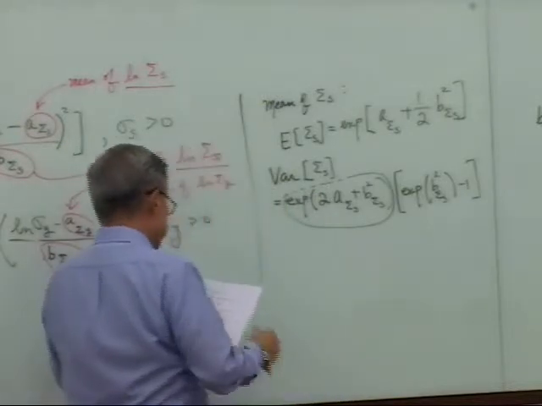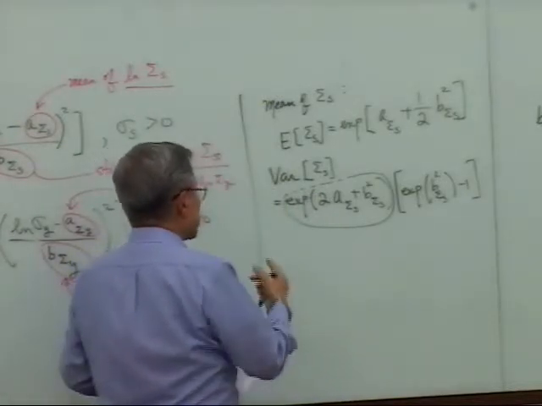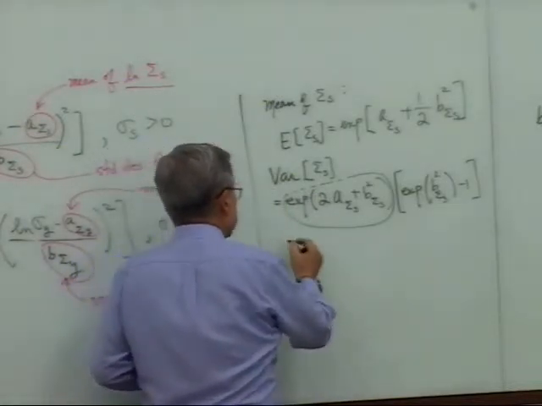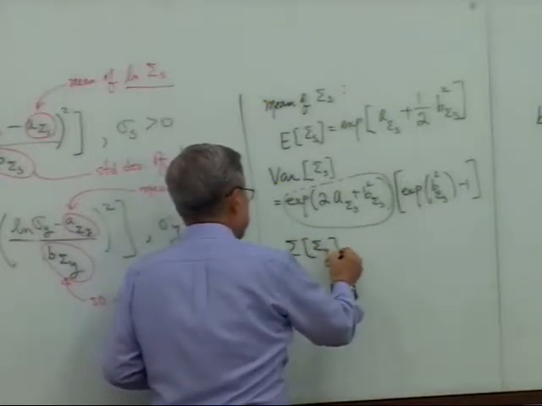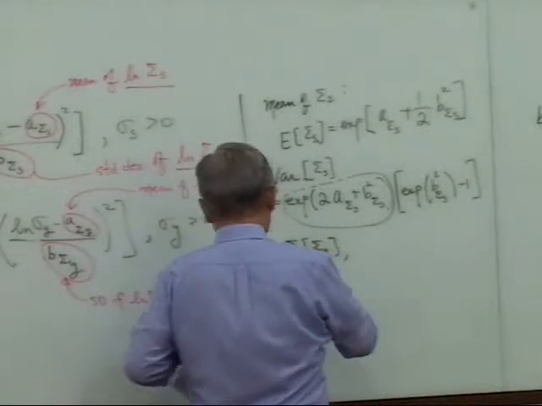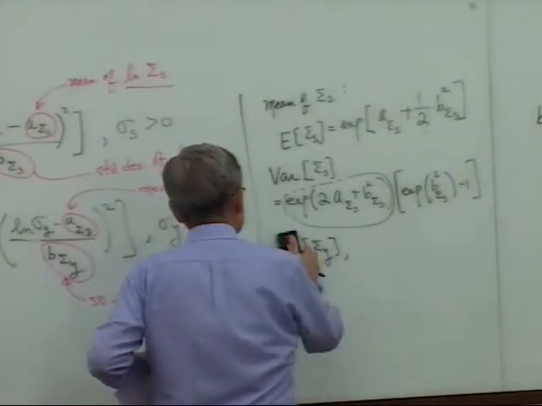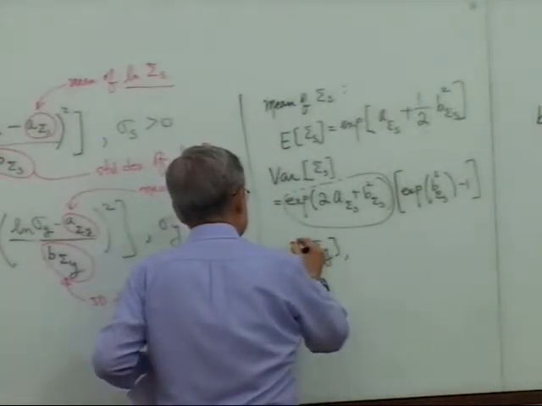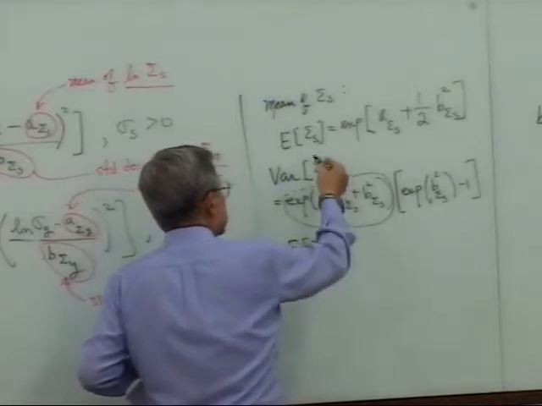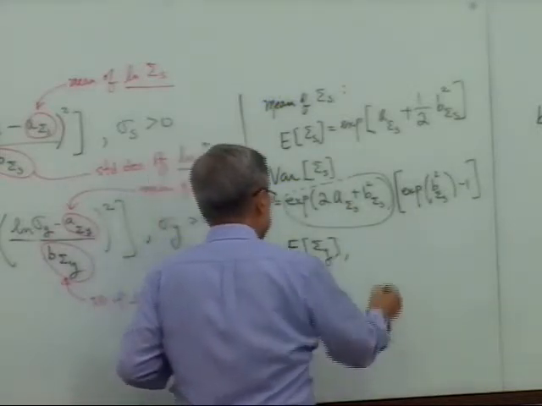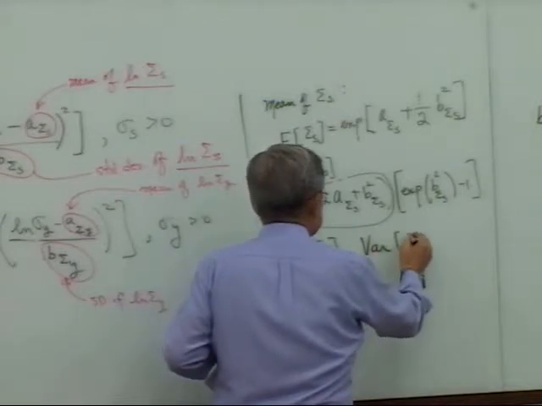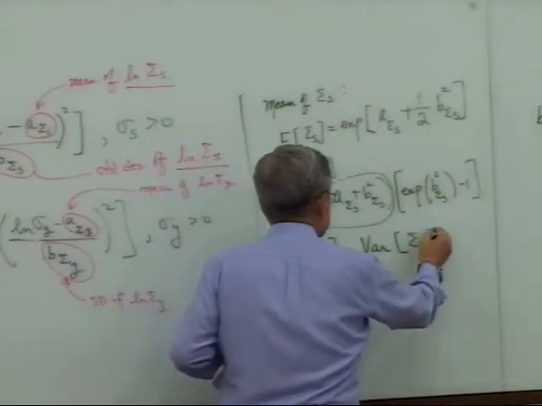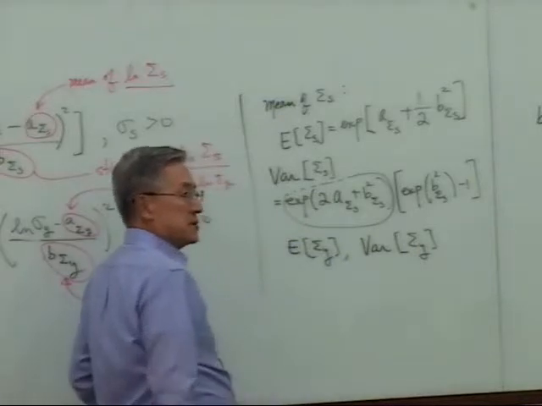Very clear. Then you can also see the expression for y is very close. Replace s with y, and you have the variance of sigma y in the same way.